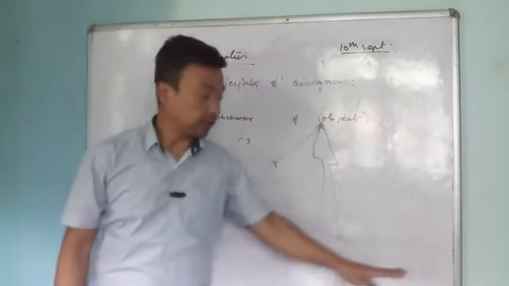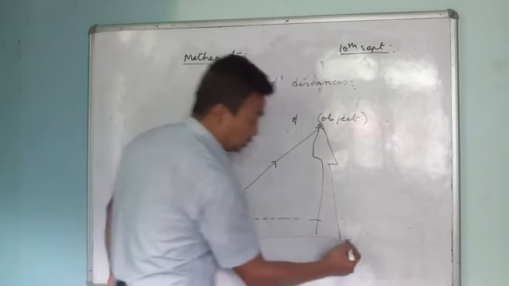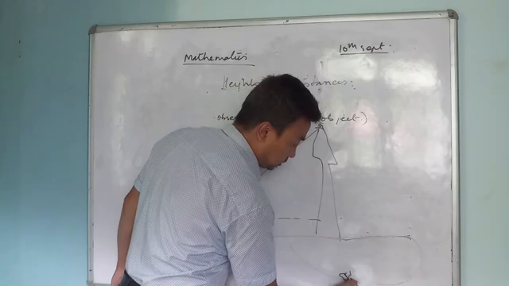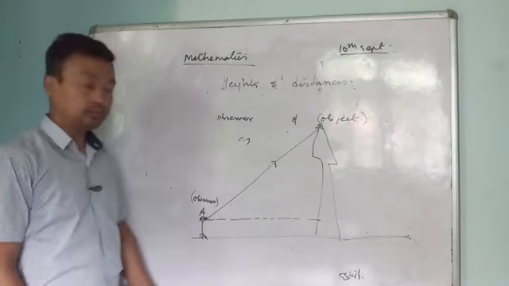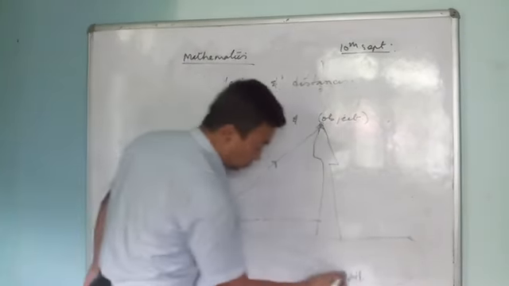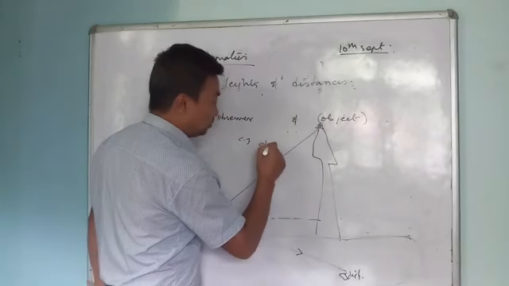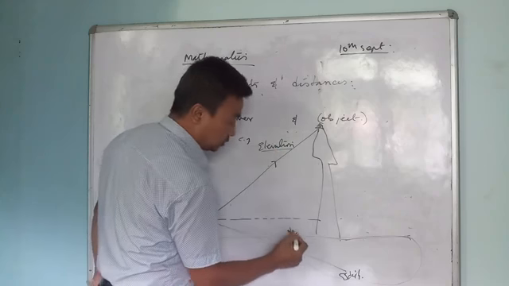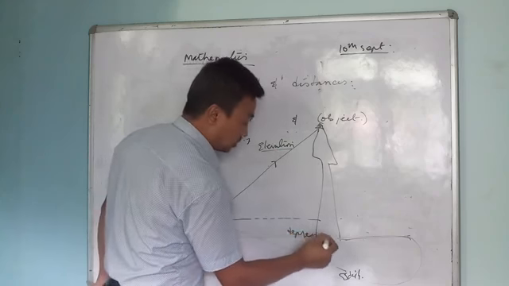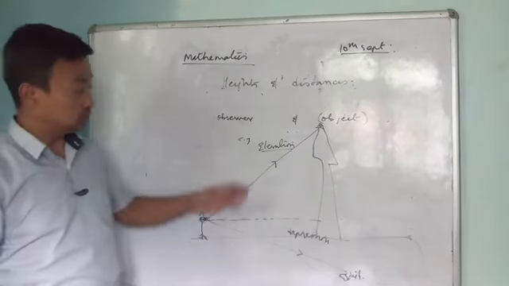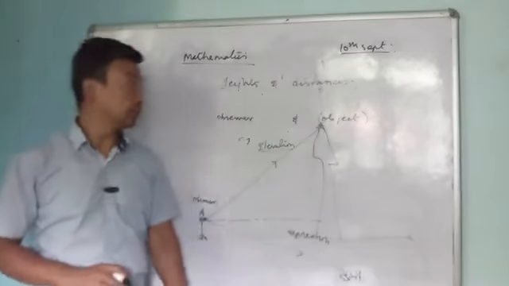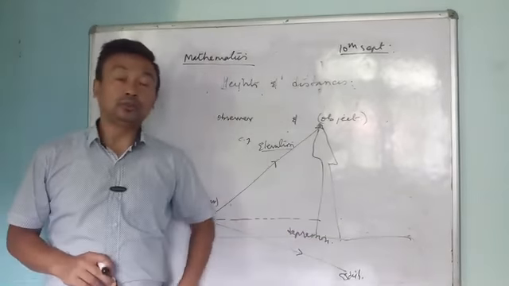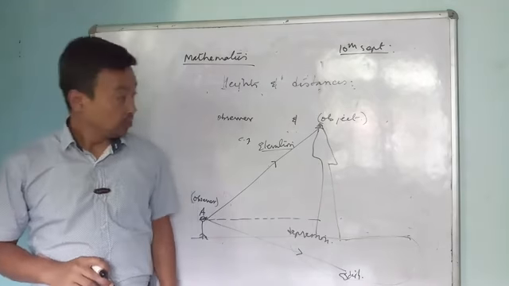For example, this is a lake, and below the water you see a fish. Then you are observing down. When you are observing up, it is elevation. When you are observing down, it is depression. These are the two important angles to understand heights and distances.